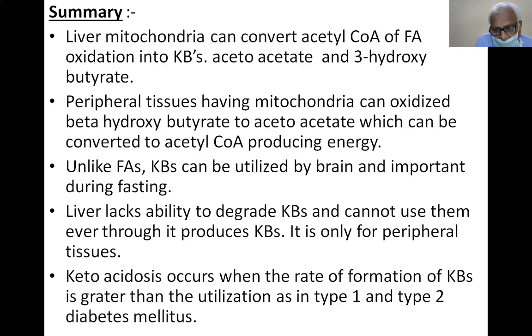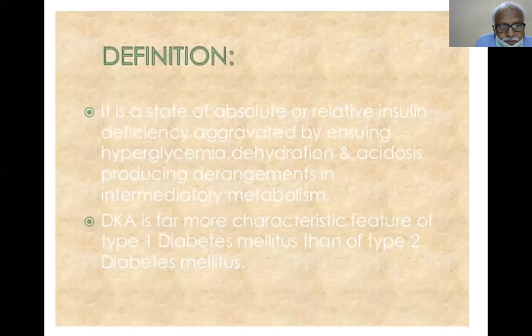Ketoacidosis occurs when the rate of formation of ketone bodies is greater than the utilization, as in type 1 mostly, and in type 2 badly regulated diabetes mellitus. So diabetic ketoacidosis is a state of absolute or relative insulin deficiency aggravated by ensuing hyperglycemia, dehydration and acidosis, producing derangements in intermediary metabolism.